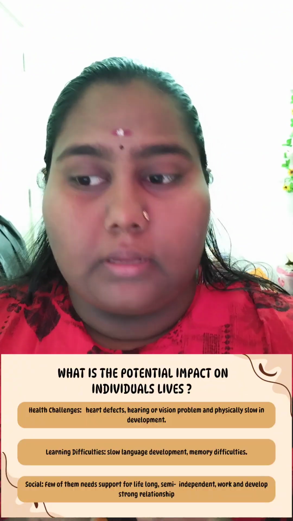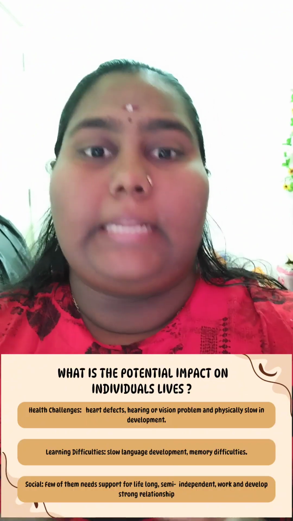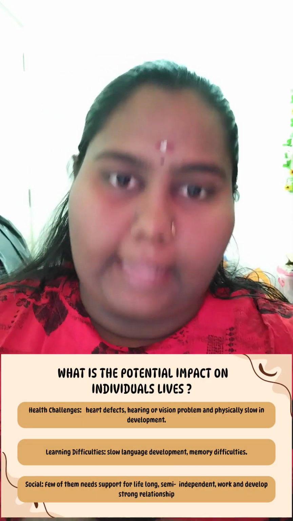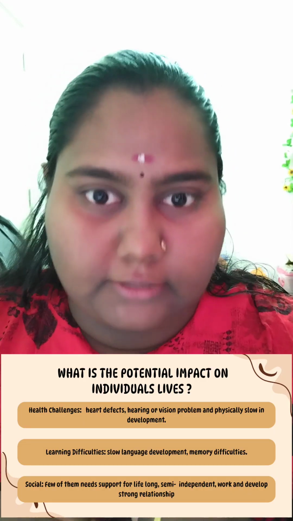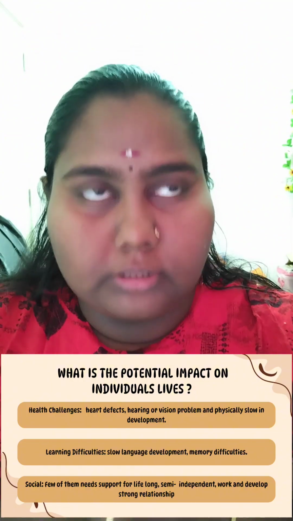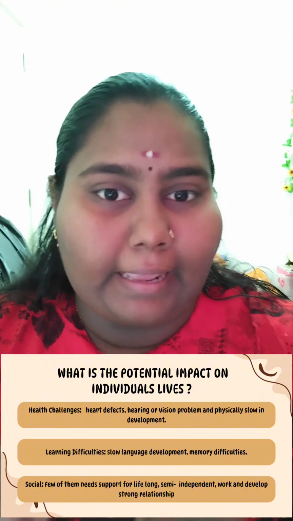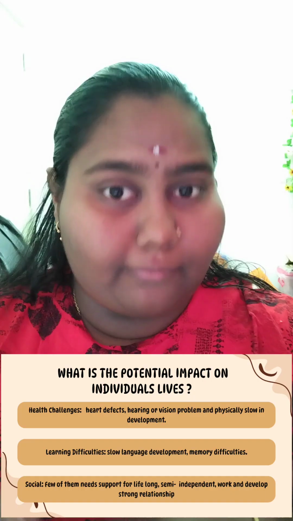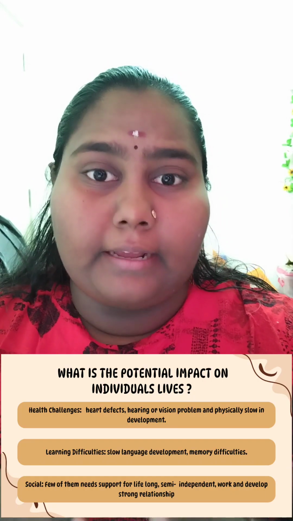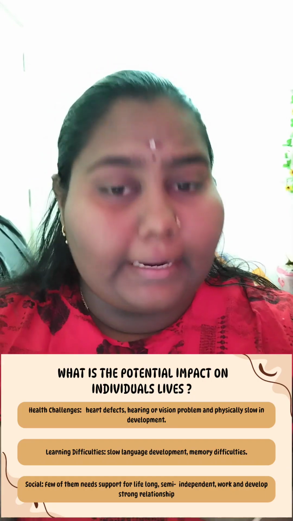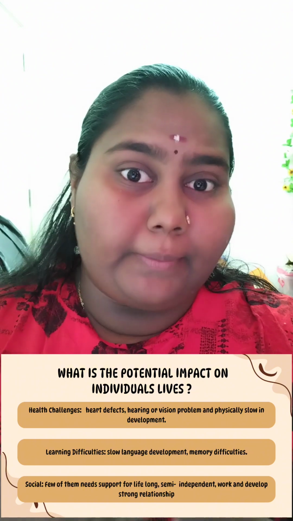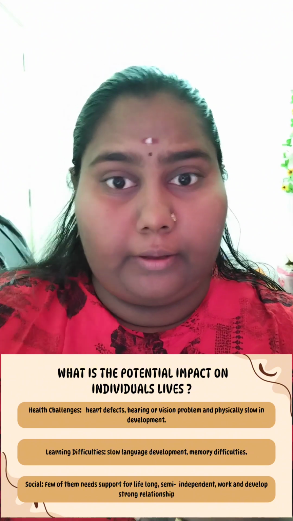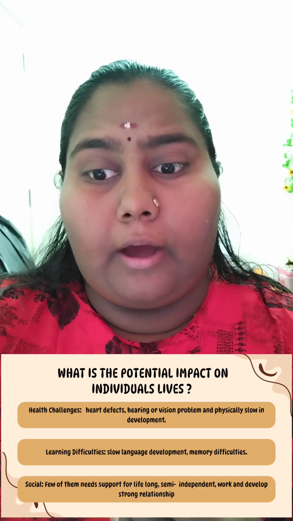What is the potential impact on individual life? First, health challenges. Even though they look happy and smile, with supportive care they can still face heart defects, hearing, or vision problems.